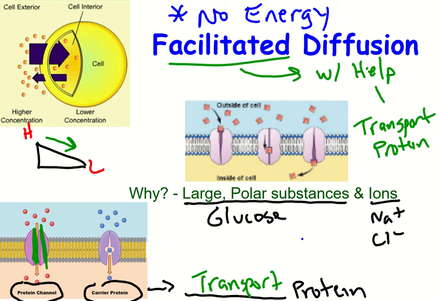The reason why those need help is because, remember, we have hydrophilic and hydrophobic. And our hydrophobic tails want nothing to do with the charges. Charges go with polar. Hydrophobic is going to be nonpolar, so they need help getting across.